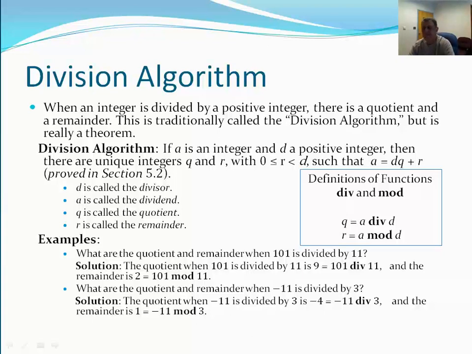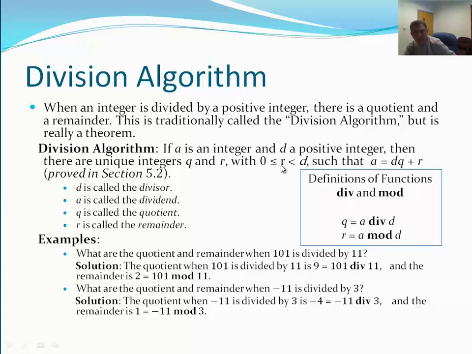A was minus 11. And we will never get a negative r, because you cannot have a negative remainder. Why? Because the remainder has to be smaller than the divisor, and greater than or equal to 0.